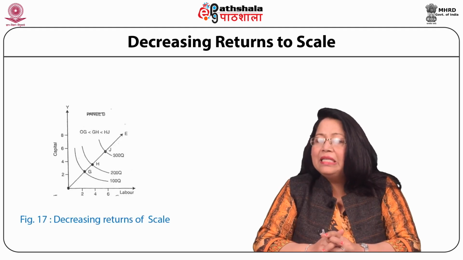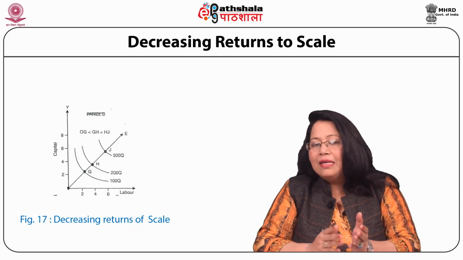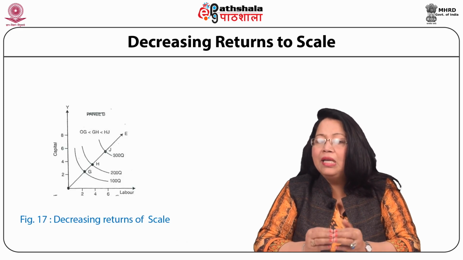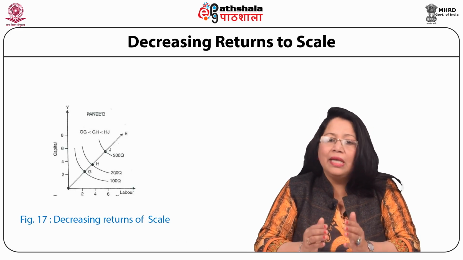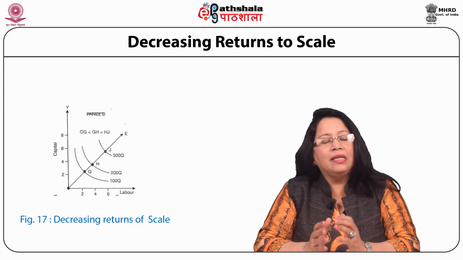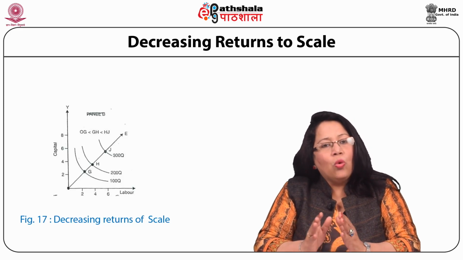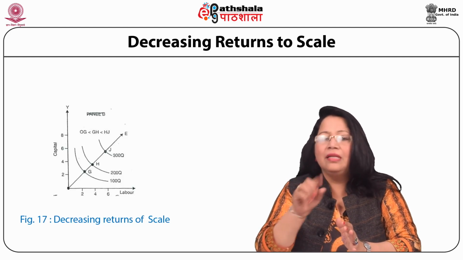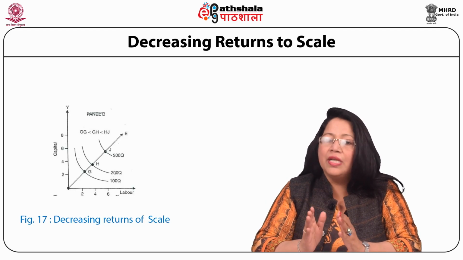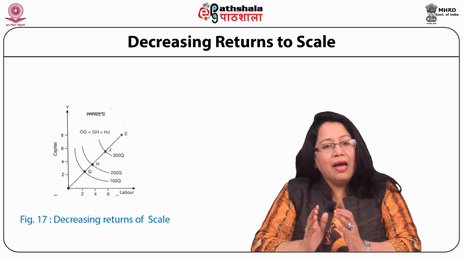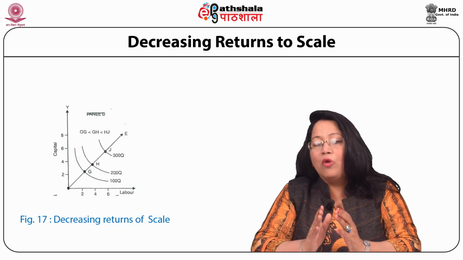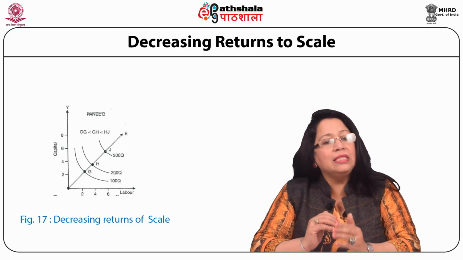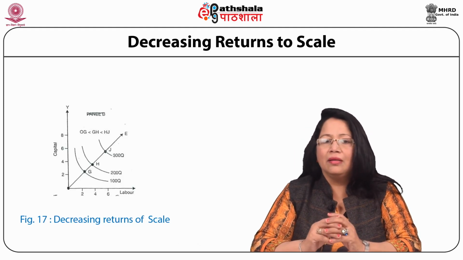In the case of decreasing returns to scale, as shown in figure number 17, an increase in both inputs in a given proportion causes a less than proportionate increase in output. Thus, OG is less than GH, which is less than HG. It is generally believed that at very small scale of operations, the firm faces increasing returns to scale.